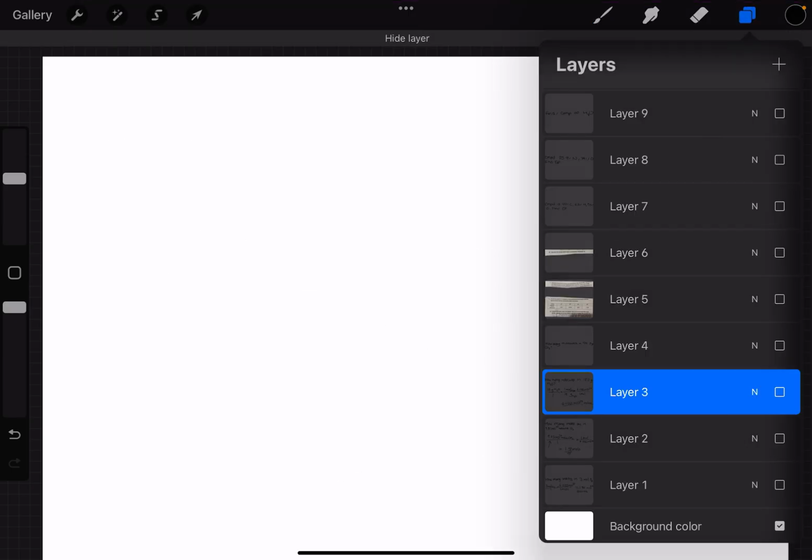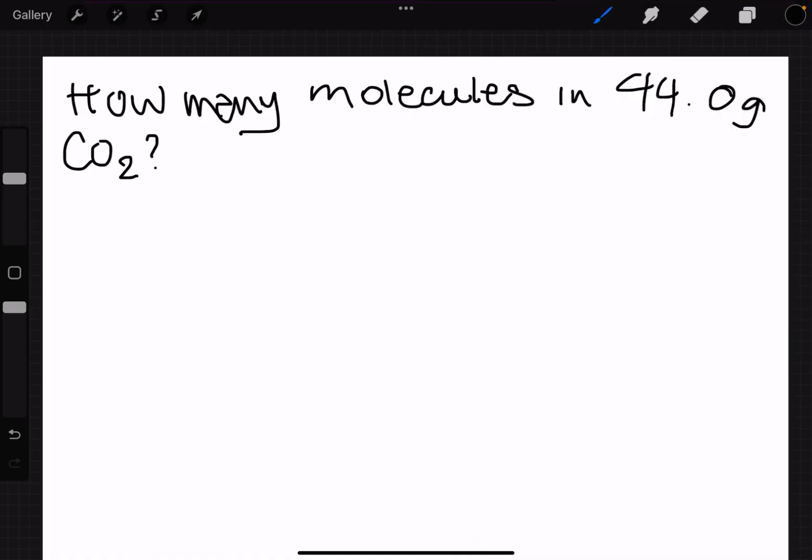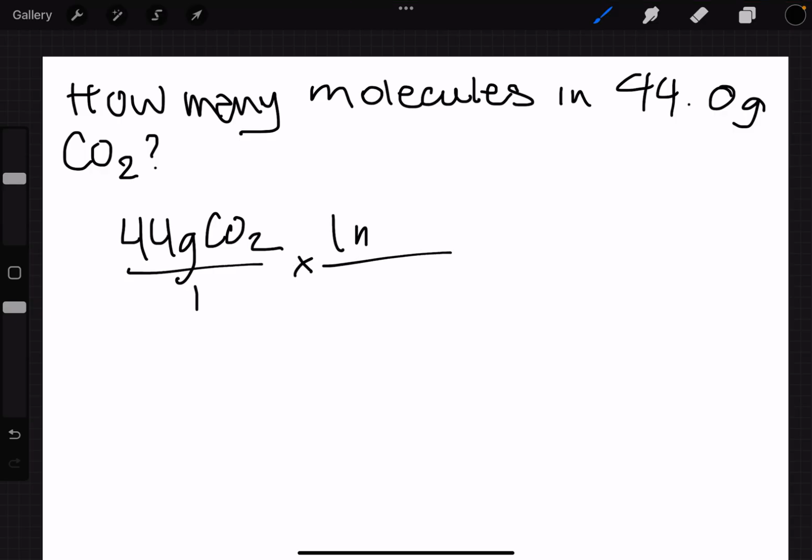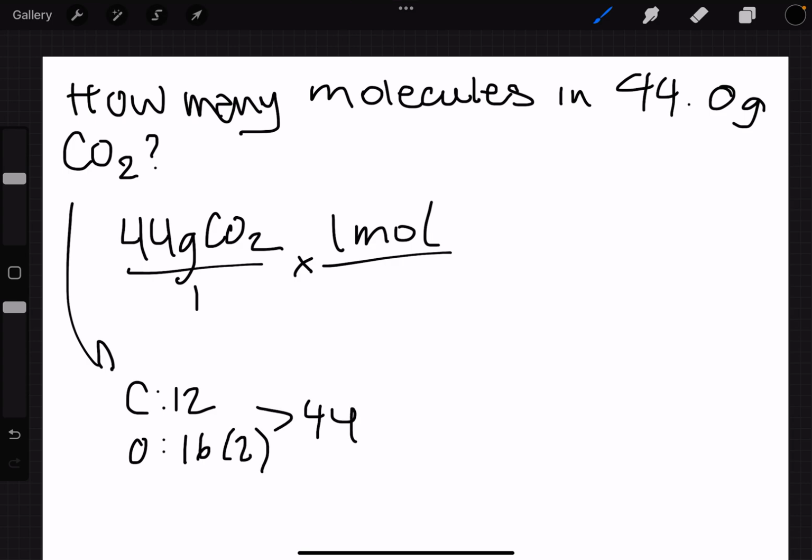Okay, next question. How many molecules are in 44 grams of CO2? Same thing. So how many grams are in CO2? So you have to do C is 12, O is 16 times 2. That equals 44.